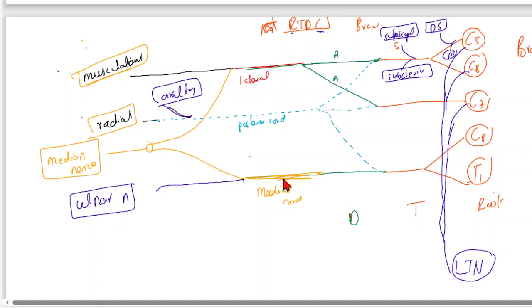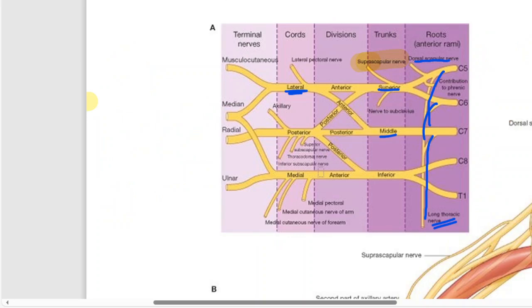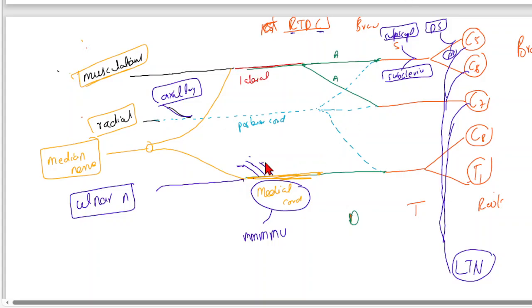From the medial cord, along with the medial, you have to remember the mnemonic M M M M U. From the medial cord, many nerves arise, okay. One is the medial cutaneous nerve of arm, the medial cutaneous nerve of forearm, and the medial pectoral nerve.